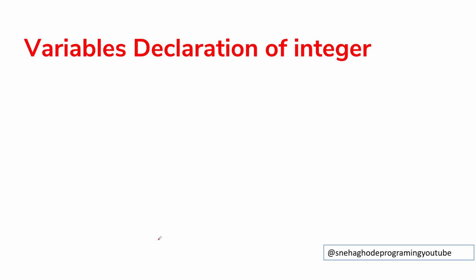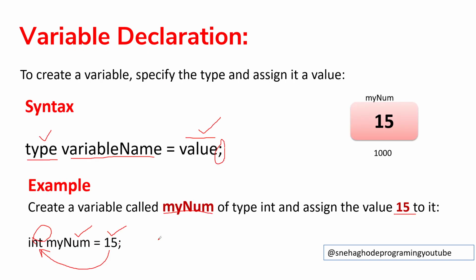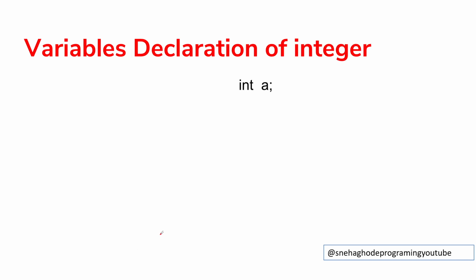Now variable declaration of the integer. See, int a: we are declaring the variable here, and we haven't initialized it. In the earlier example we initialized the data too, that is 15 is stored, but here we are simply declaring integer a with a semicolon. So a is the variable to access this particular data, for example with memory location 1786.